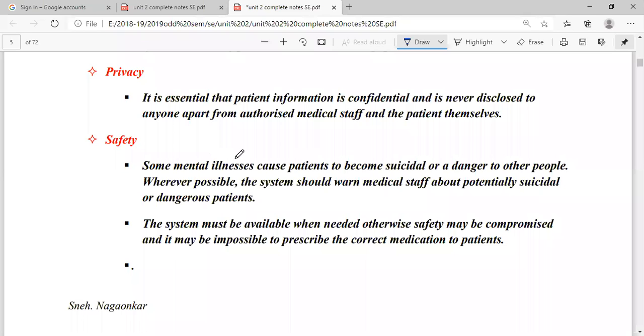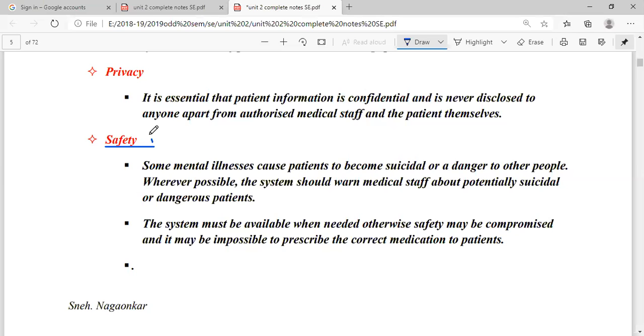Safety. See, some mental illness causes patients to become suicidal or a danger to other people. Wherever possible, the system should warn medical staff about potentially suicidal or dangerous patients. So what does it mean? Safety measures must also be given by your software. Suppose the patient is very sick and may try to attempt suicide.